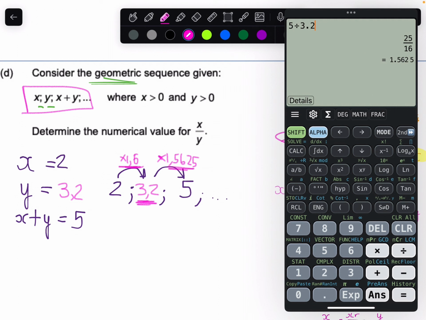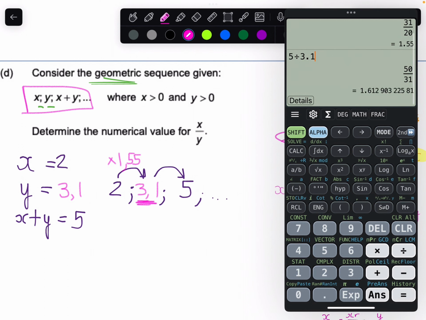Okay, so let's do that adjustment. Let's try with 3.1. 3.1 divided by 2 is 1.55. And then 5 divided by 3.1 is definitely going to be such a weird number. So that's going to be times 1.61, blah, blah, blah. Okay, so we made it too small.